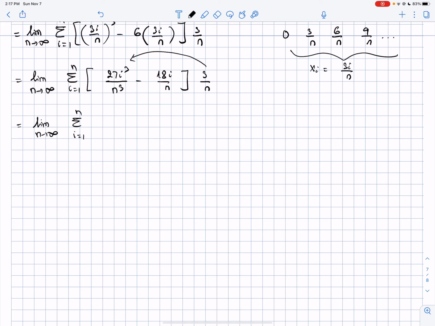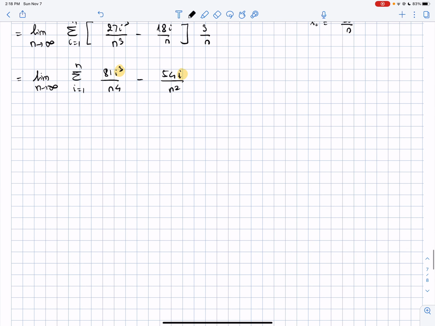So distribute this, so we get 81i cubed over n to the 4 minus 54i over n squared. We keep in mind that the i cubed and the i are the variables. The rest is not. So we can plug in the formula. So let's rewrite it. So we have 81 over n to the 4 times the sum of i cubed minus 54 over n squared times the sum of i.